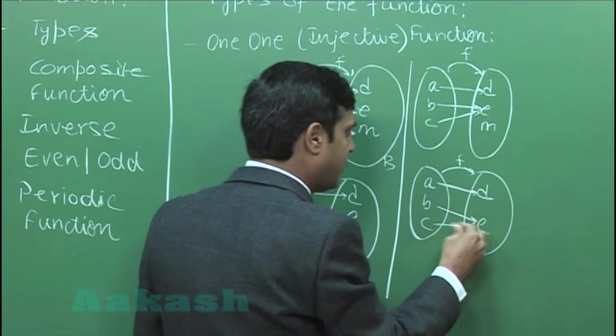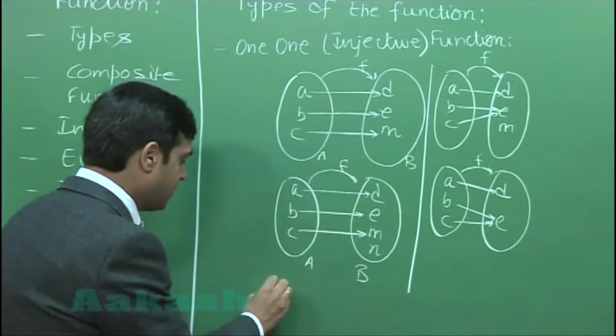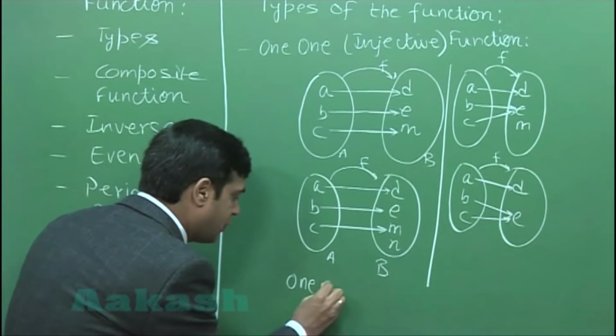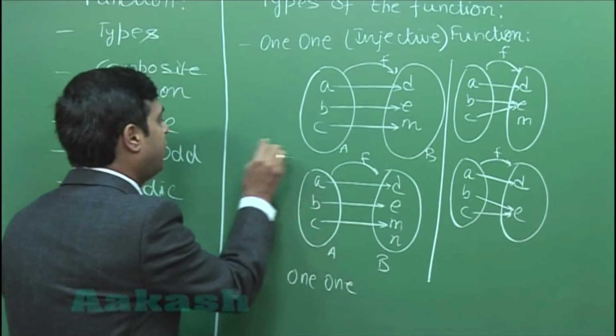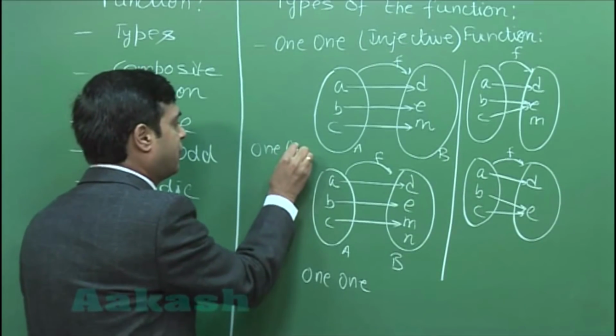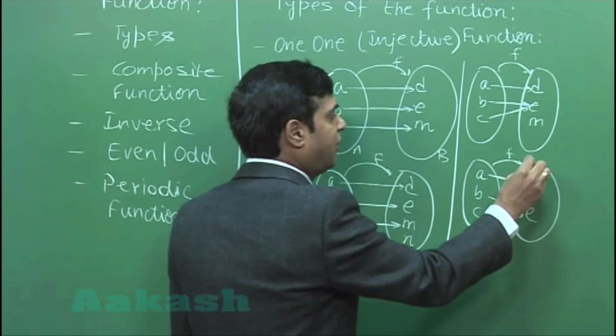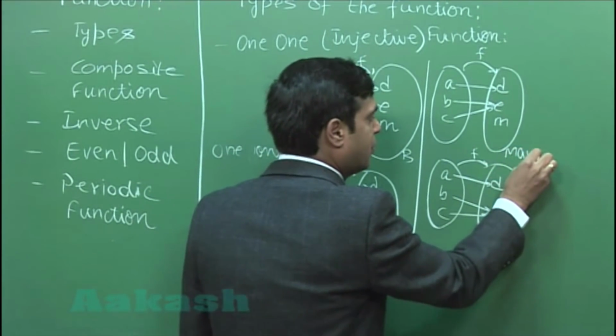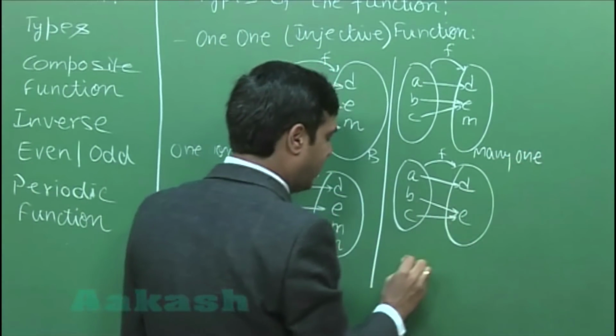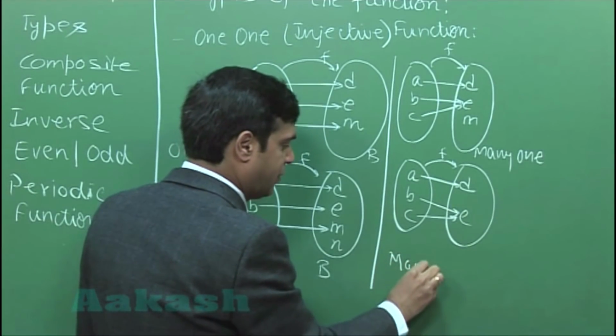Again this one will be termed as many one. So these are the two examples for one one. This is one one. This is one one. Right? This third one is many one. Similarly the fourth one is many one.